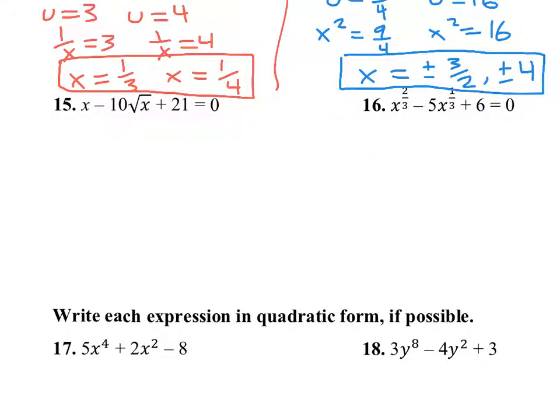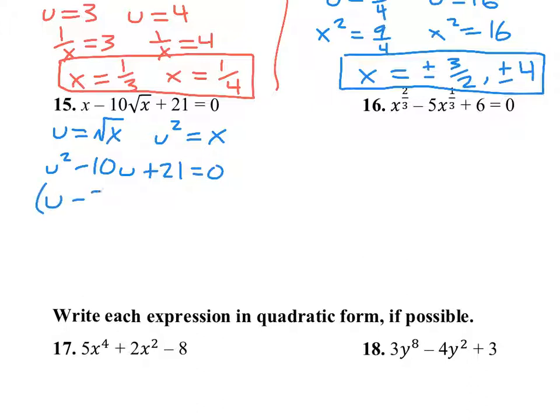Okay, for number 15, we use U-substitution again. Look at the middle, but don't take the coefficient. So U would equal radical x. When you square radical x, you just get regular x. Rewriting it, we get U squared minus 10u plus 21 equals 0. Factoring looks pretty easy.